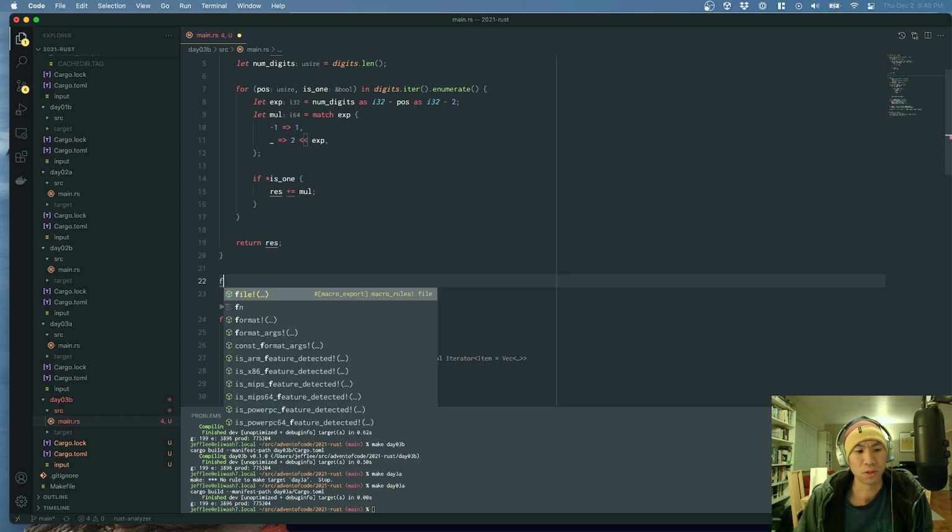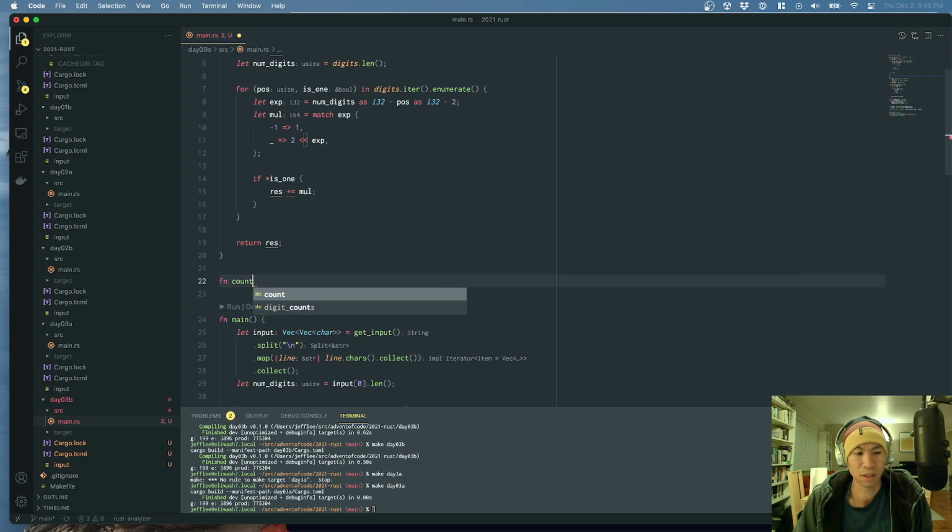So maybe we can have a function called get digit bias. The bias is what we were calling the count before. If the bias is positive, then you had more ones than zeros. If it's negative, you had more zeros than ones. And if it's zero, you have an equal number, right?